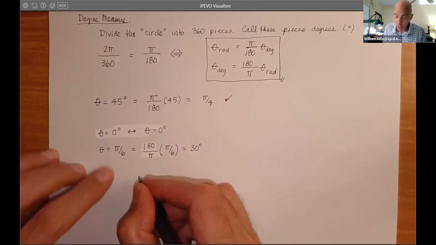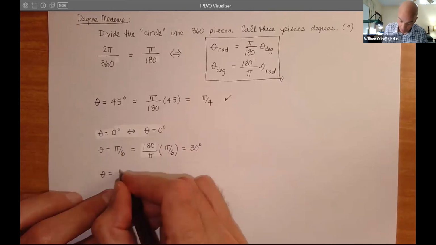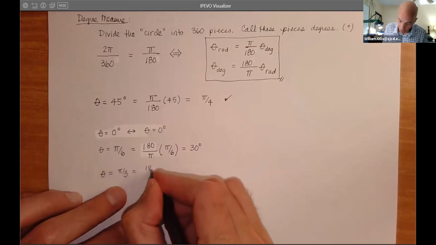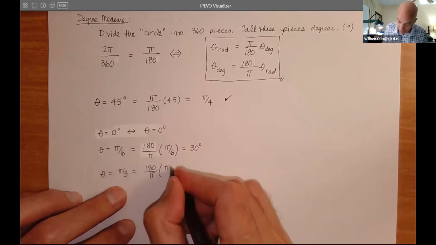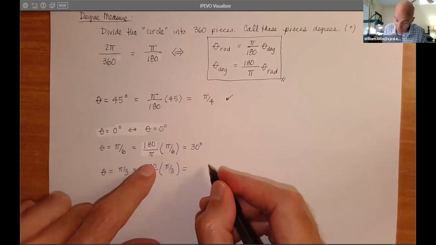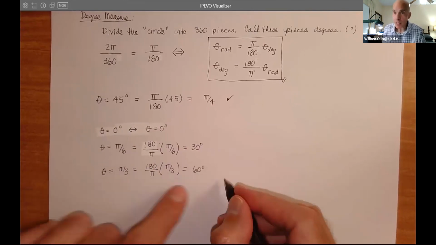What about pi over 3? This should be 60, right? Well, let's just verify. So we have 180 over pi times pi over 3. Of course, the pi's absorbed, 3 into 180 is 60. So pi over 3 radians is equivalent to 60 degrees.